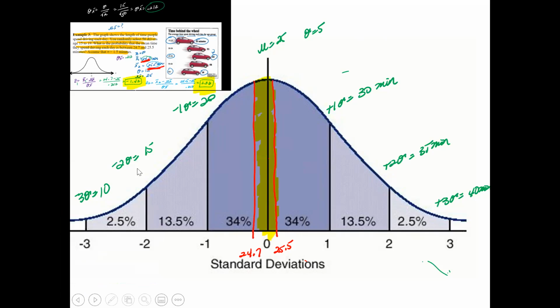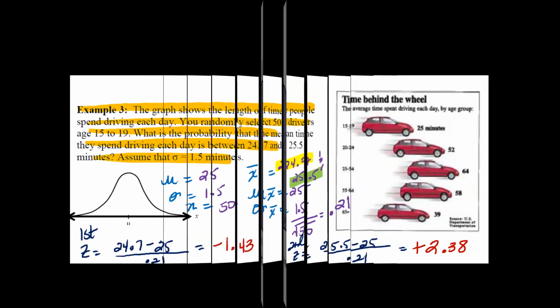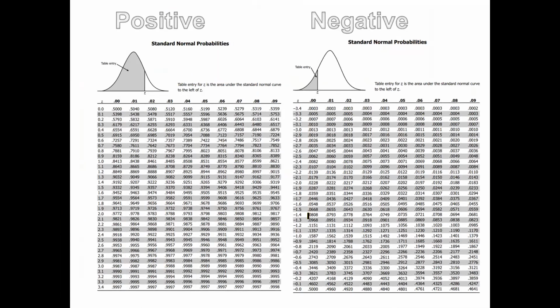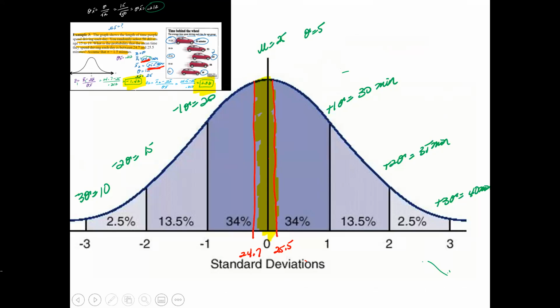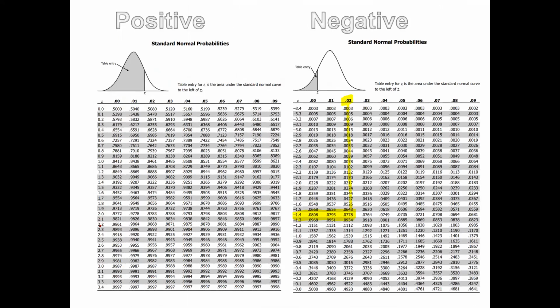Let's take a look at the z-score of negative 1.42. That is at 0.0778, so I want to go back to this and write 7.78%, and that represents from this part all the way over to the left. Then my second one is 2.36, so let's look for 2.36.